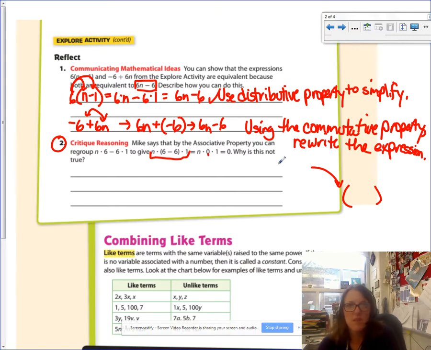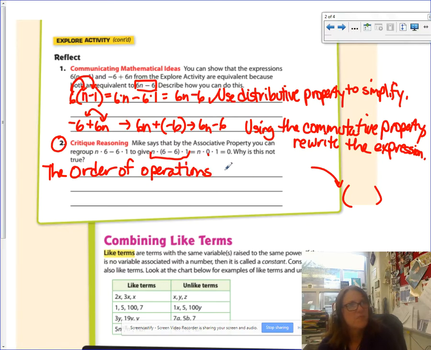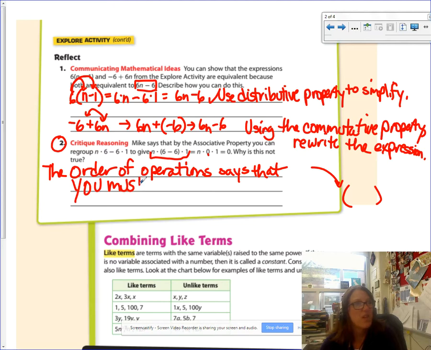All right, pause the video for a second and see if you can see why that doesn't work. Did you figure it out? It's because of our order of operations, and I should say, the order of operations demands that you must multiply before you add or subtract.